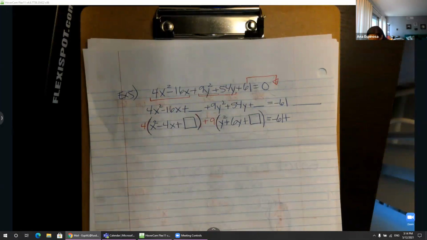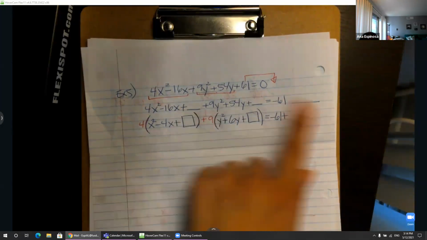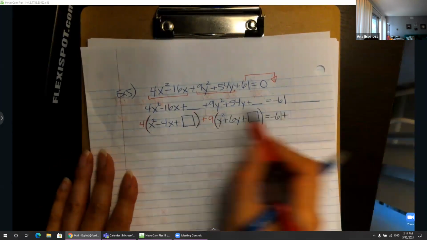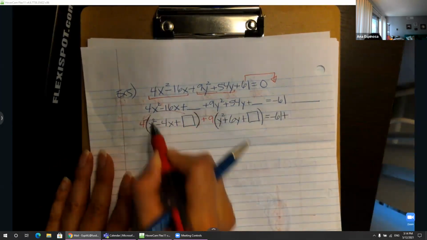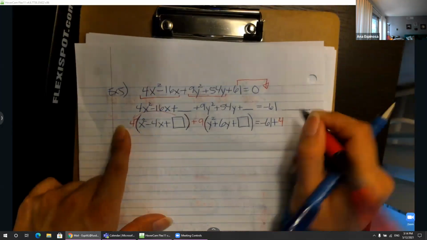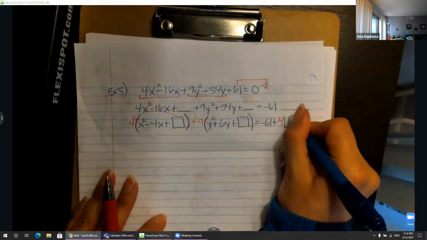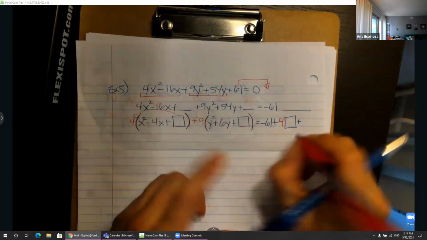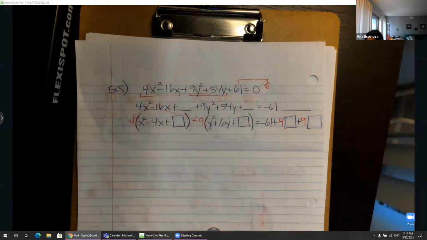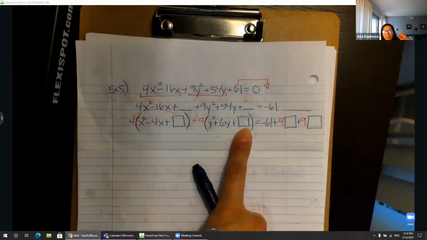The reason for that is because this box is not just there. There is a 4 being affected. So before you can add the box, it actually has to go through multiplication with the 4. So you have to actually put the 4, then the box, then put the 9, and then the box. Because that number is not just going to be adding a 25.